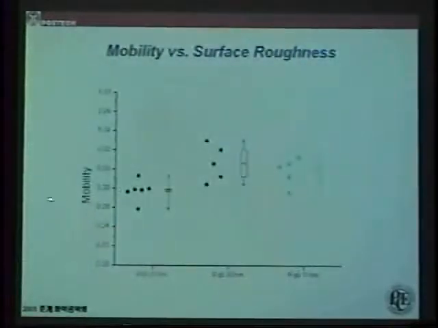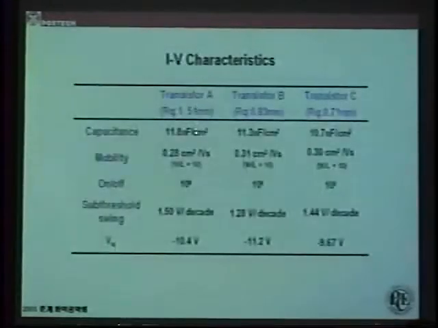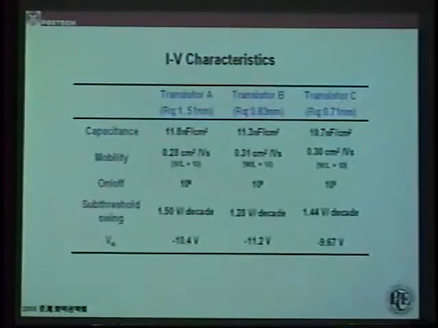So basically the roughness versus mobility is almost the same for roughness less than 15 angstrom. There is a little change, but not much, within this range. In the IV results, we have almost the same capacitance, mobility of about 0.28 to 0.31, the same on-off ratio, similar sub-threshold swing, and threshold voltage of almost 10 to 11 volts.